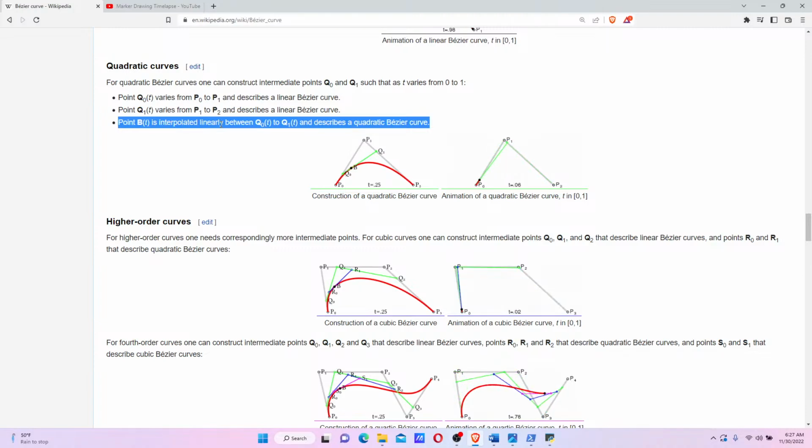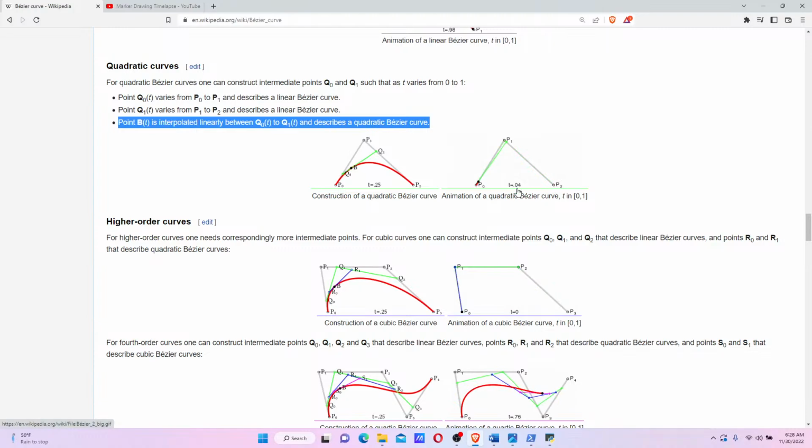So I guess then these all are stepped along some proportion, and then B is also the same proportion between Q0 and Q1. So when the proportion is all the way up to 1, then B will be at Q1, and when the proportion is at 50%, then it should be right in between them, and when the proportion is at 0%, it should be here.